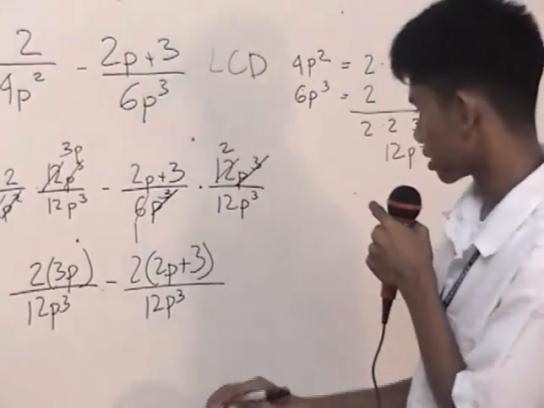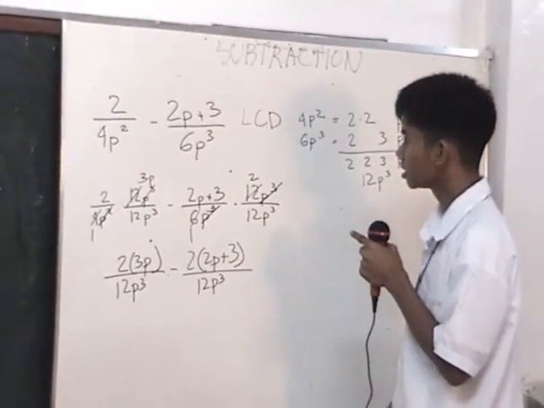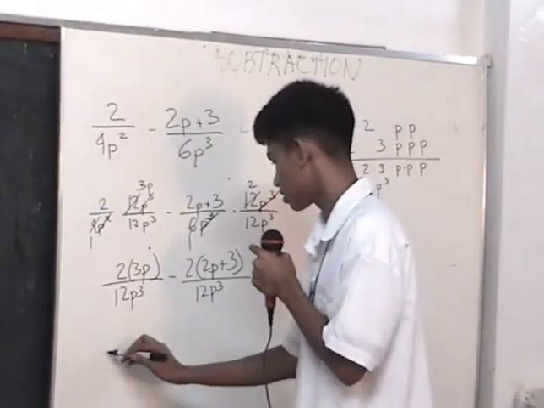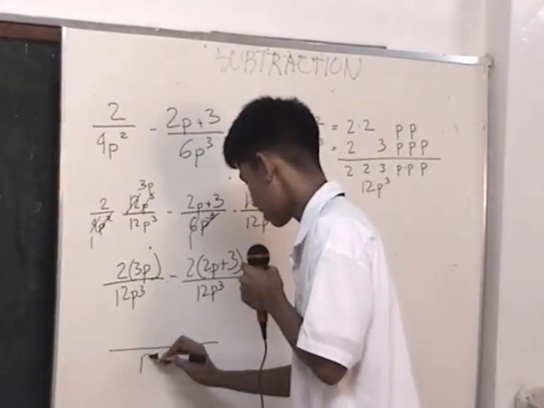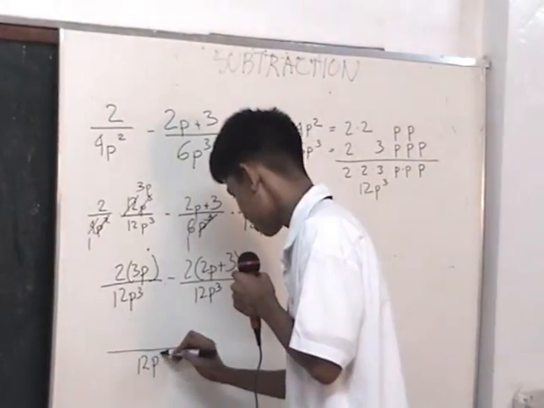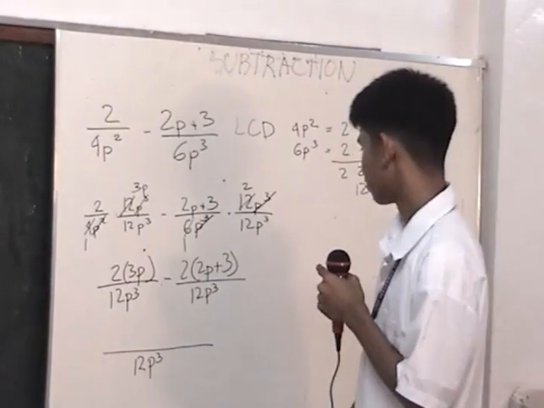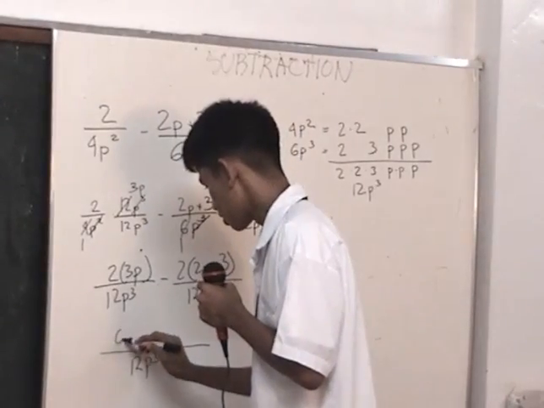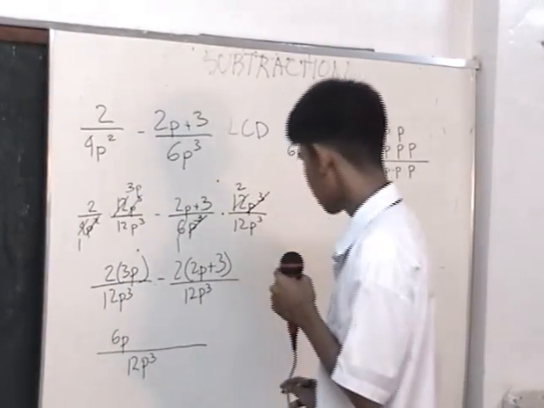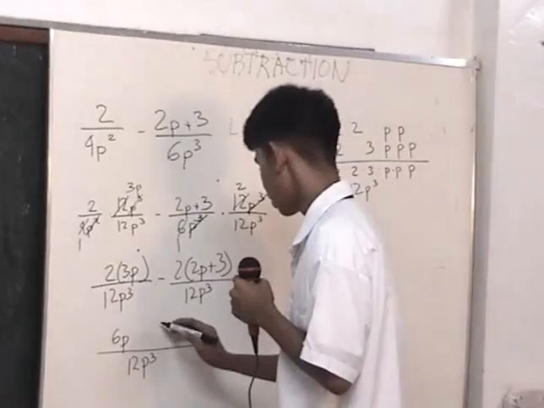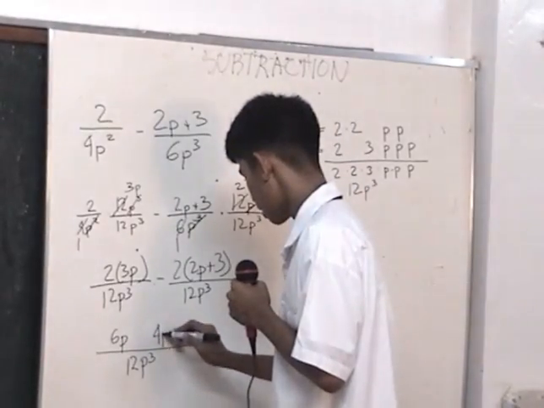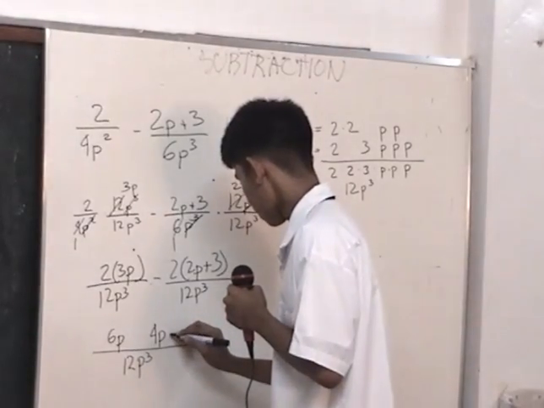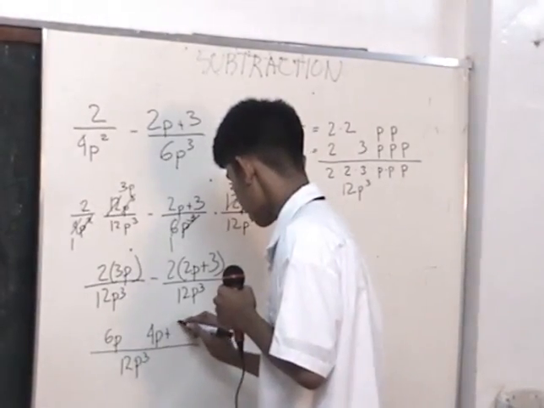We notice that their expressions have the same denominator, so we will copy it. We multiply this, it will become 6p and this will become 4p plus 6.